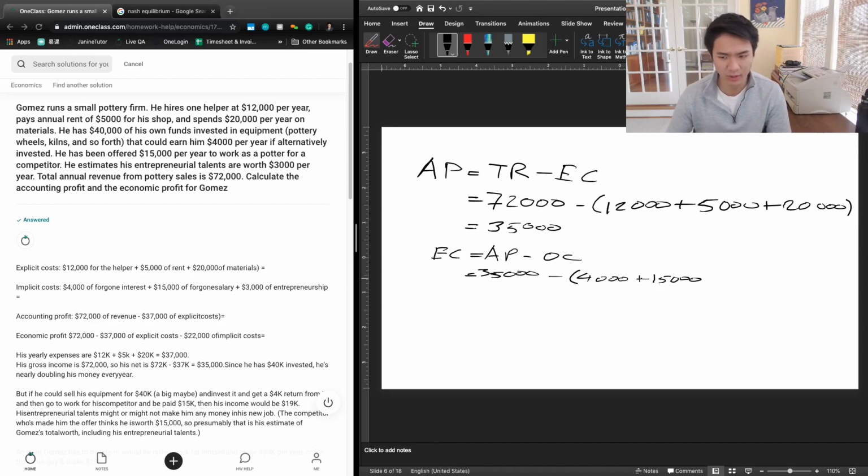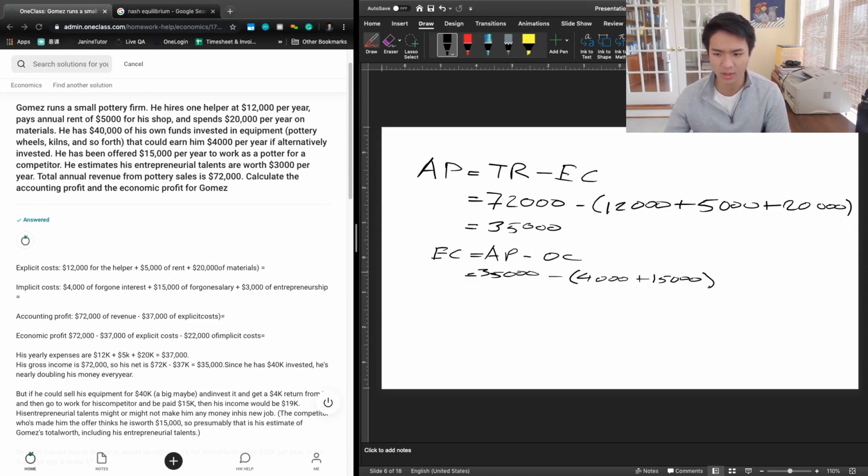He's not running the firm. He's just working for somebody else. And so if that has value, it's already included in the $15,000 that his competitor would be paying him. So I don't think that would be considered a direct opportunity cost.